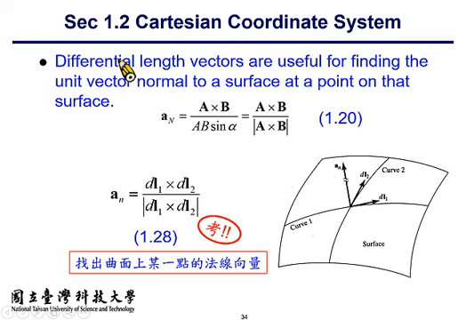Okay? And differential length vectors are useful for finding the unit vector normal to a surface at a point on the surface. As we have already mentioned, if you take the cross product of two vectors, you will end up with a new vector that is perpendicular to the two vectors originally. So you can imagine that the cross product of any two vectors forms or expands a so-called surface.